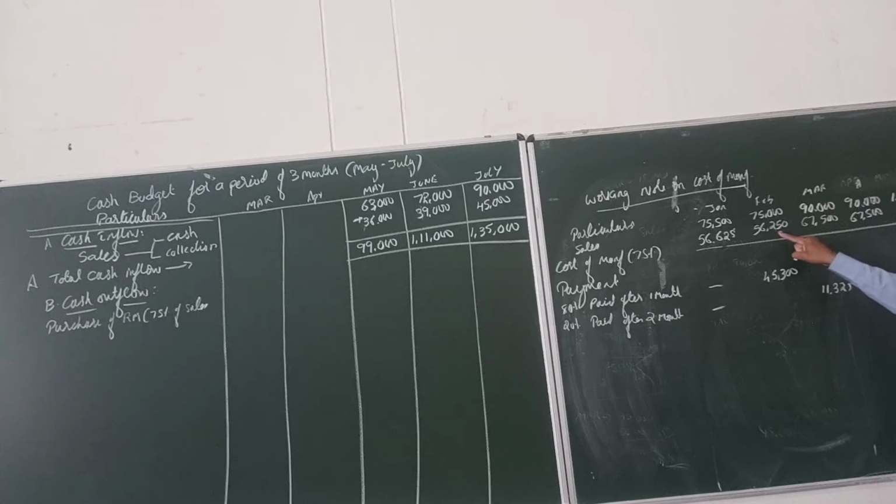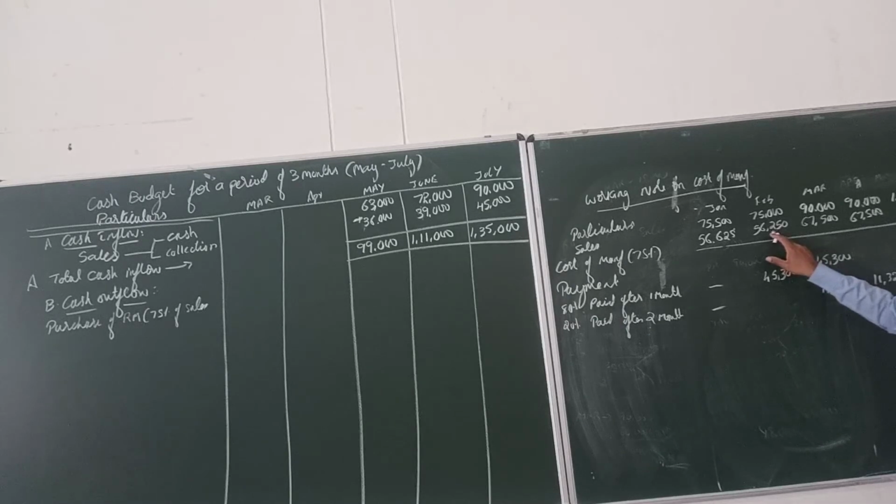56,625, 250 to 80%. Again comes to 45,300. So then 11,325. Sir, 45,000. Which one? It is same amount, no?